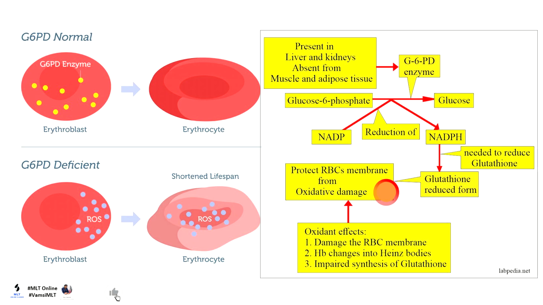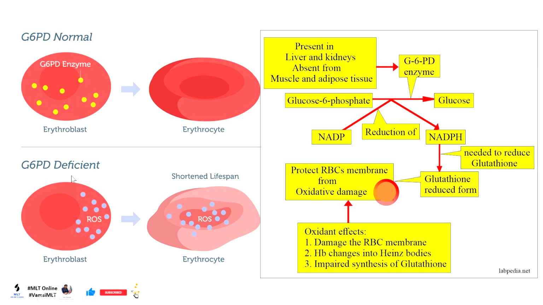So, a quick review of G6PD. The G6PD enzyme is responsible for suppressing the free radicals forming inside the RBC, and it also helps form glutathione, and glutathione will maintain the cell wall of the red blood cell.